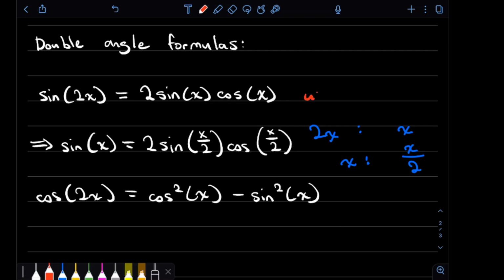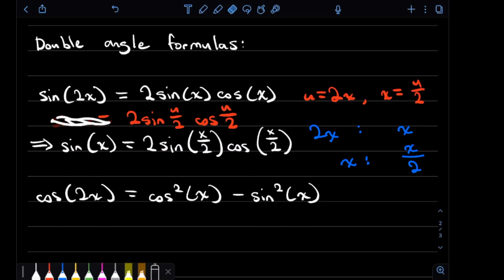If I say u is equal to 2x, that makes x equal to u over 2. Then the new equation would be sine of u is equal to 2 sine of u over 2 cosine of u over 2. But since u and x can both be any real number that you choose, it doesn't really matter whether you use u or x, you can just keep it that way. And so this is valid.